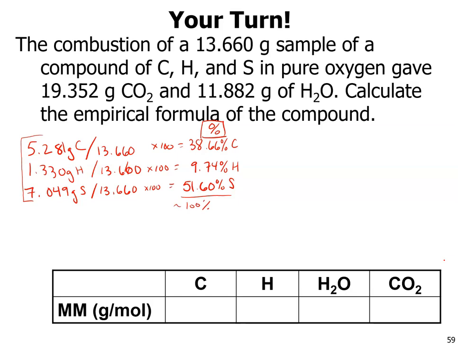So now that these are approximately 100%, that means that out of 100 grams, that's where we simplify this. We go from percent to mass. I'm going to say these are essentially grams: 38.66 grams of carbon, 9.74 grams of hydrogen, and 51.60 grams of sulfur.